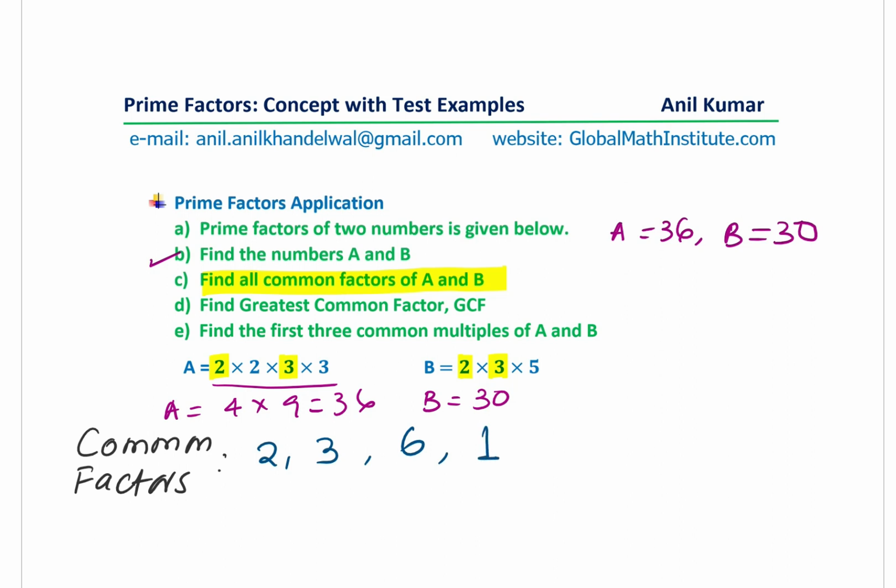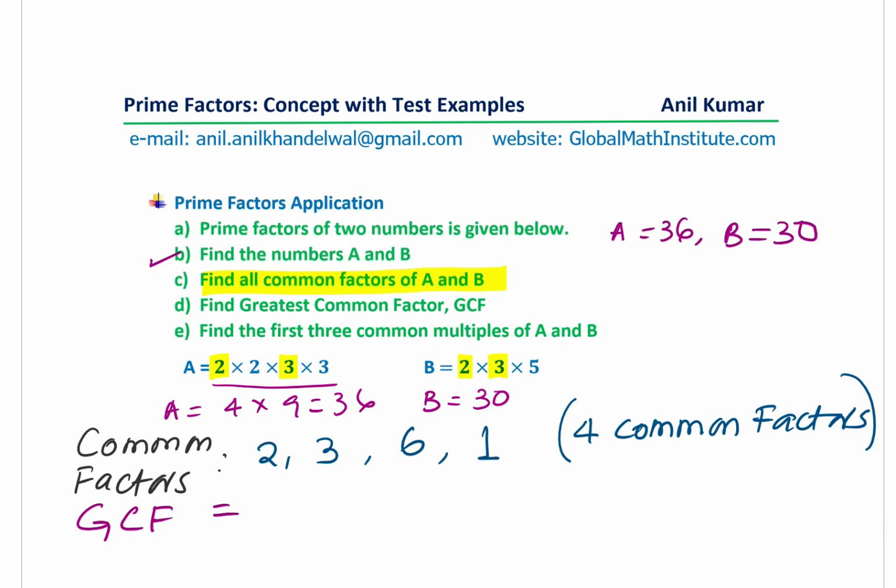So we have 4 common factors. We are not saying prime factors. Do you understand? So we have 4 common factors and these 4 numbers are 1, 2, 3 and 6. Now the question is find the greatest common factor. So out of these, the greatest common factor is indeed 6.